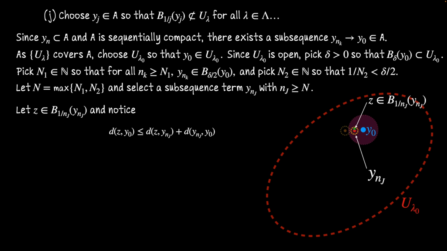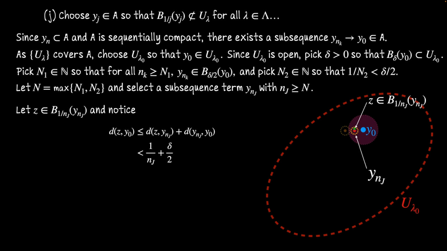Both of these distances we understand. z is in a neighborhood of radius 1 over n_j around y_{n_j}, whereas the term y_{n_j} is in the delta over 2 neighborhood around the limit. So both of those distances are bounded above by two radii, 1 over n_j and delta over 2.